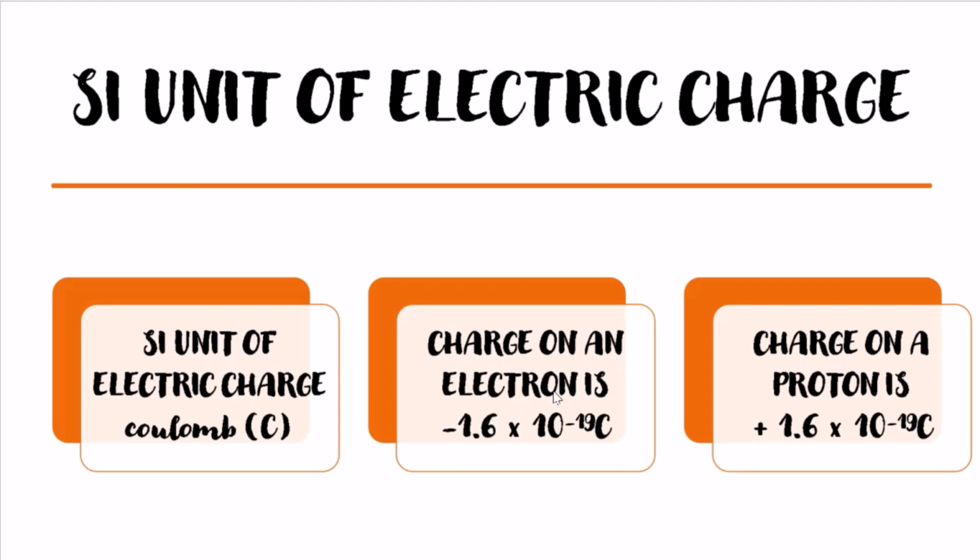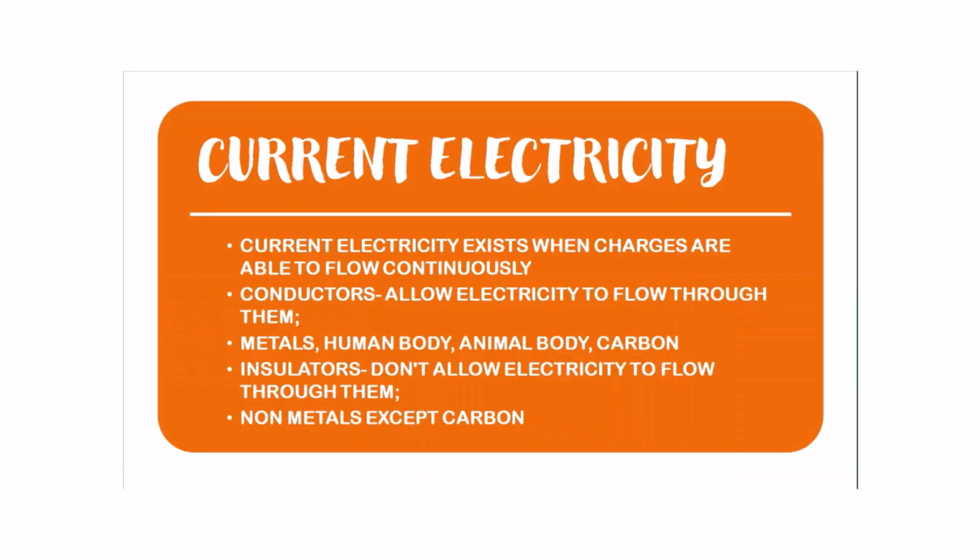Charge on an electron is minus 1.6 into 10 to the power minus 19 coulomb, and charge on a proton is plus 1.6 into 10 to the power minus 19 coulomb. So you can see very well that charge on an electron is equal and opposite to that of charge on a proton. In this chapter, we will focus on current electricity.